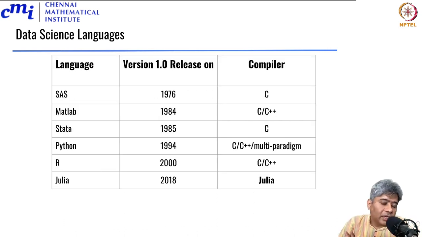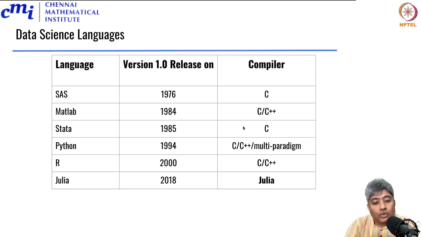Now if you see the evolution of the data science languages, the first major data science language was SAS, which came in 1976. Its compiler was C. Matlab was 1984. Stata was 85, C. Python, C, C++, some other paradigm was also taken. R was definitely C, C++.